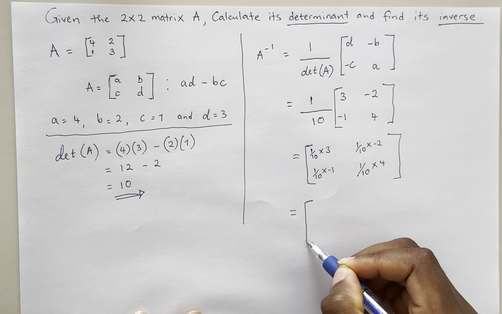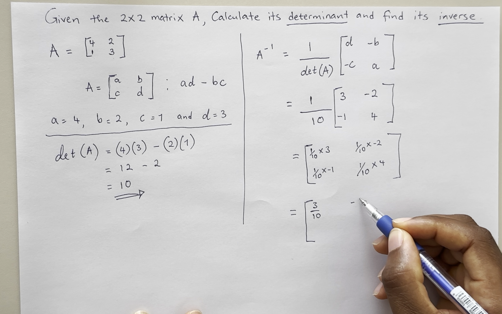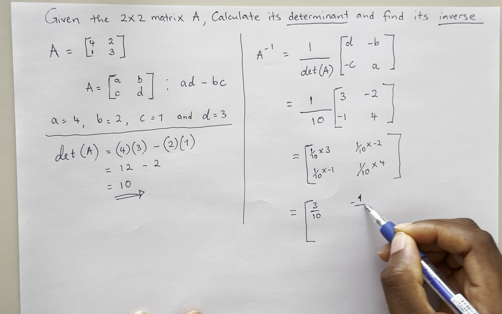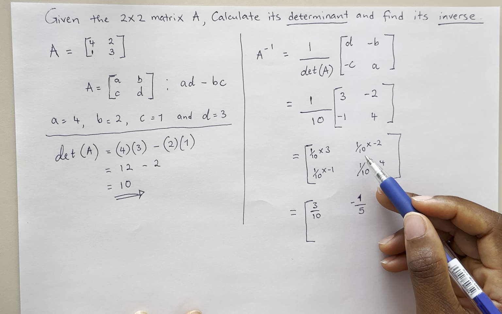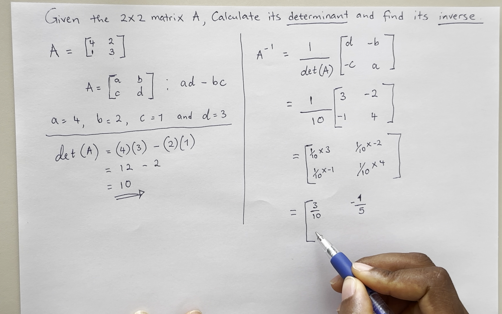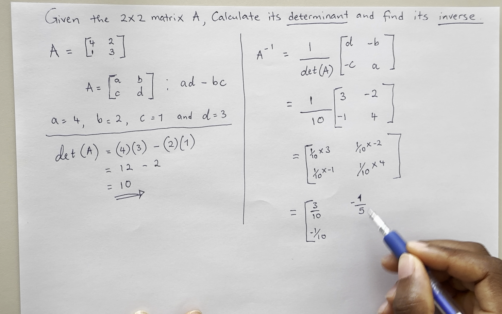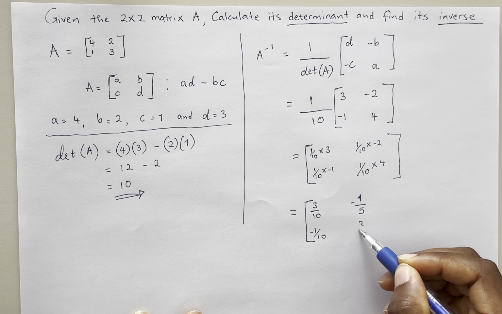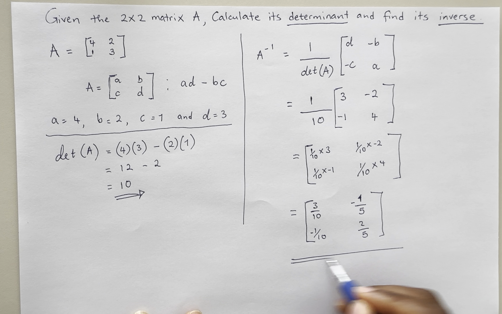This one becomes 3 over 10, and this one becomes minus 1 over 5, because 2 into 2 is 1, and 2 into 10 becomes 5. And this one becomes minus 1 over 10. And this one becomes, 2 into 4, 2 over 5. And that's our final answer.